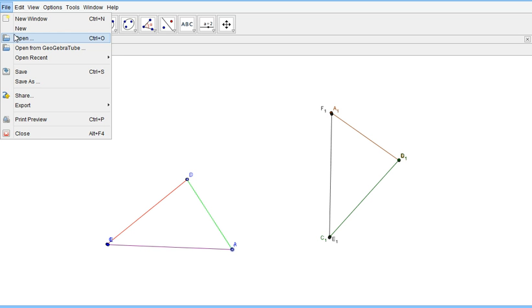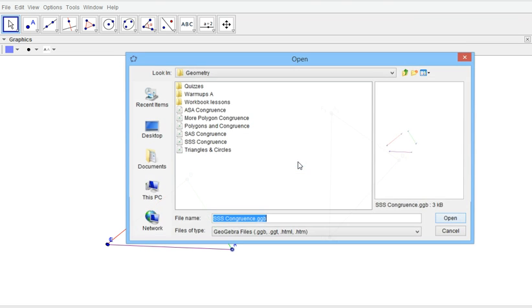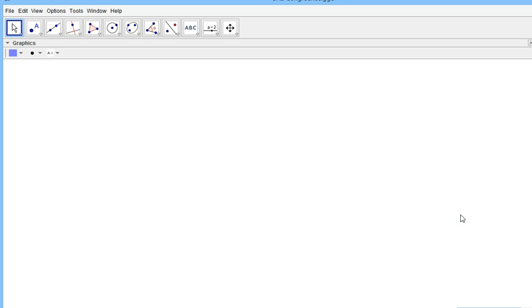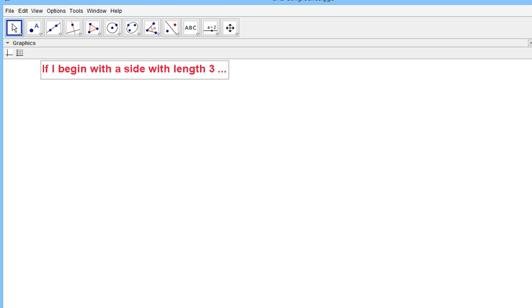Let's try another one here. Open, don't save. We're going to try side angle side. And what this means is, if I begin with a side of length 3, let's see what that means.